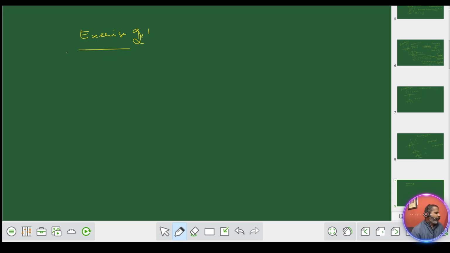In the graphs of y equal to p of x given, find the number of zeros. So first question, this is the graph. They have given a blank one. So what is the number of zeros? The number of zeros is 0, because there is no graph plotted here.